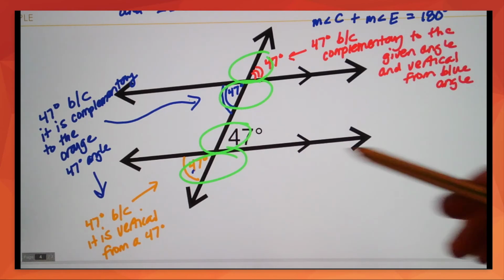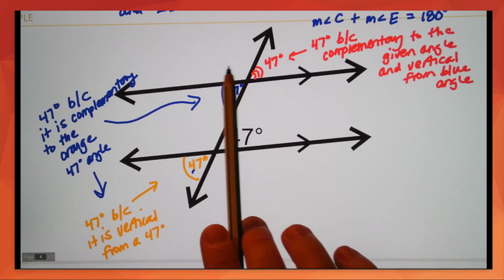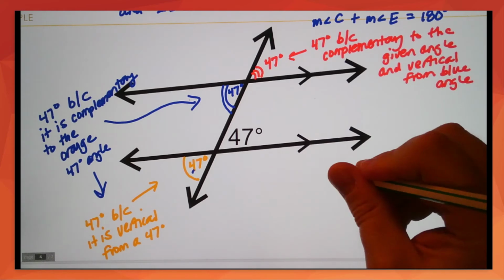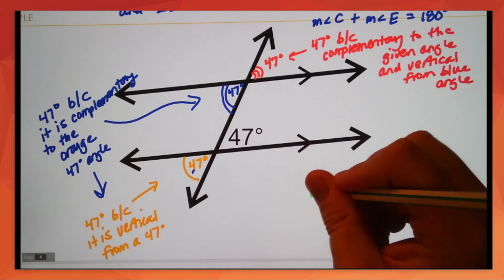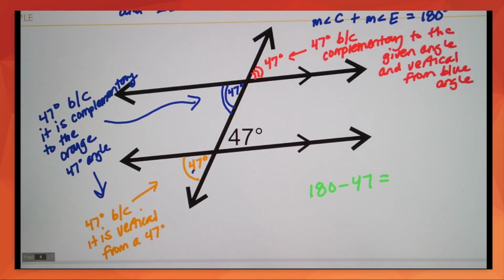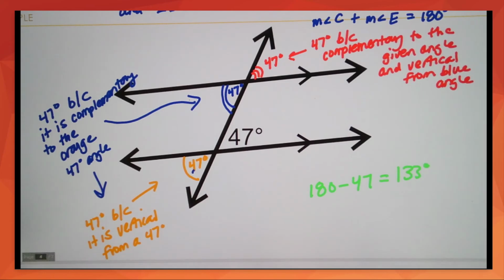Okay? And since I know what one of each of the pairs is, each of these is 47, so the other one must be whatever it takes to get to 180. I'm just going to do 180 minus 47, and I'm going to use my calculator for that because it's Sunday and I'm being super lazy. 133 degrees.